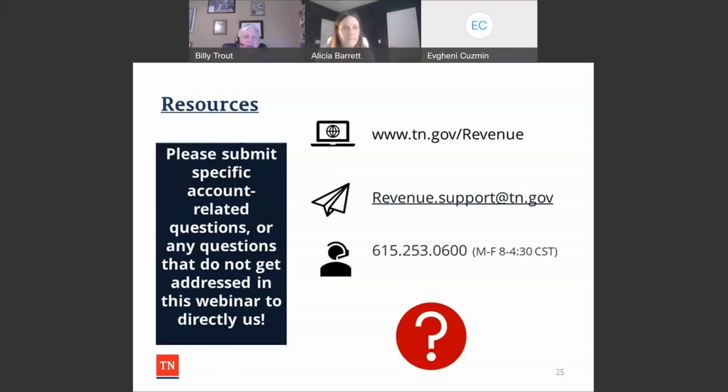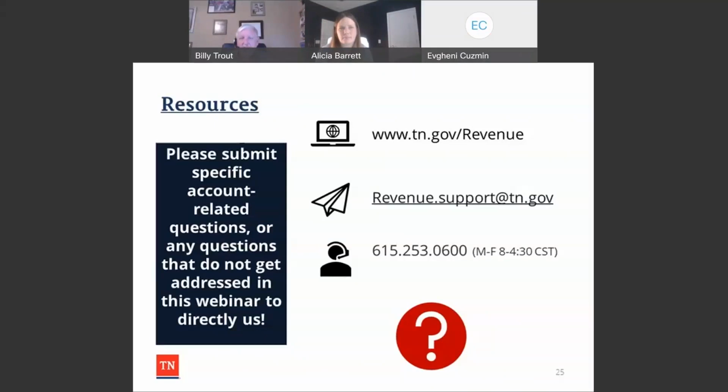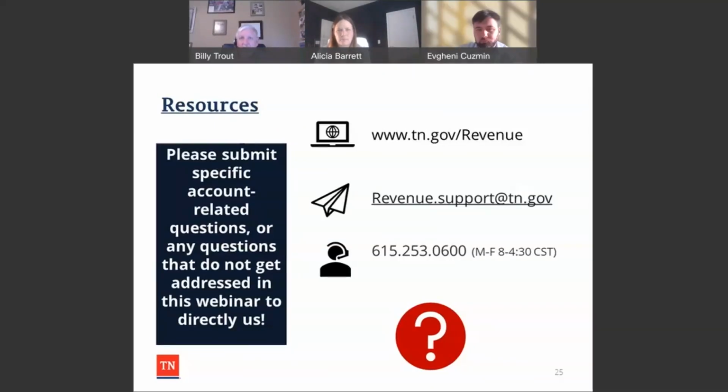Alicia, it's a good thing to point out here too that the typical filing frequency is monthly. Yes, that's what we do. The more unusual filing frequency is quarterly. These are designed for businesses that don't report a lot of income. They're smaller businesses.